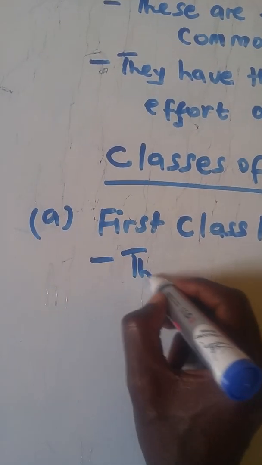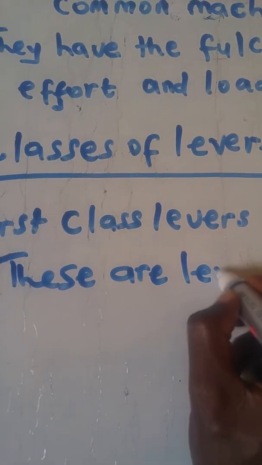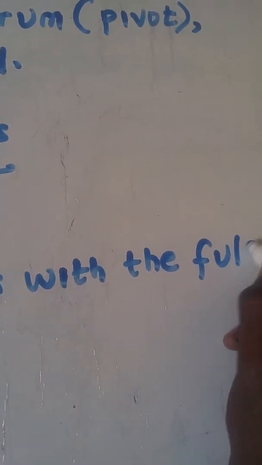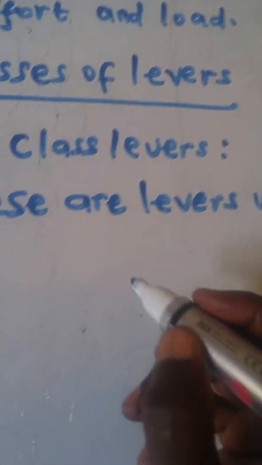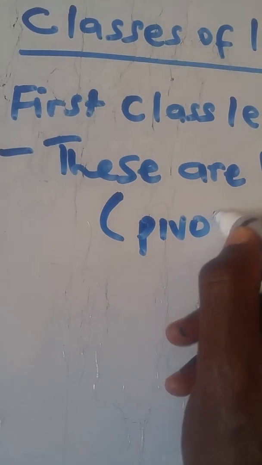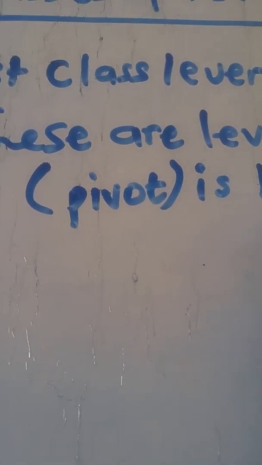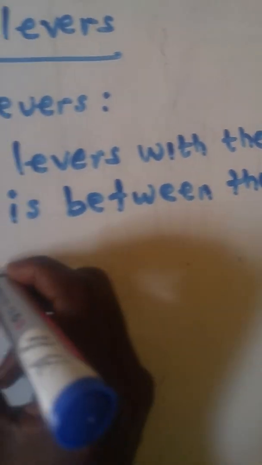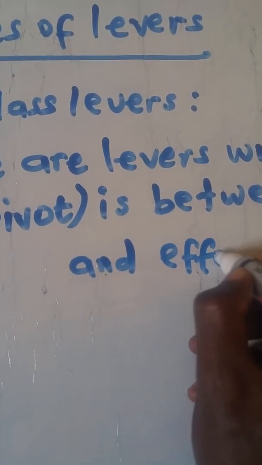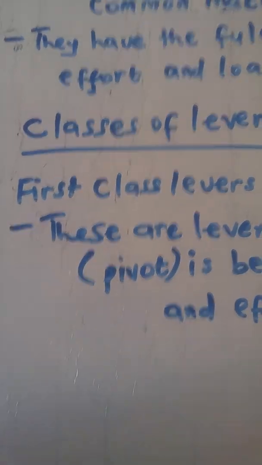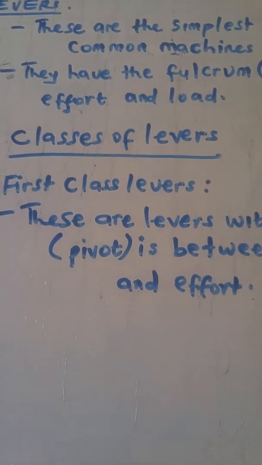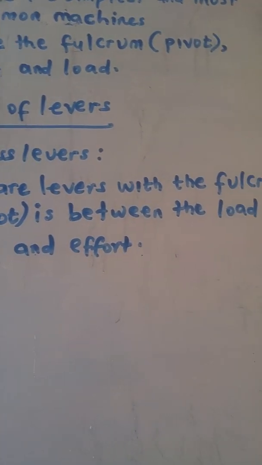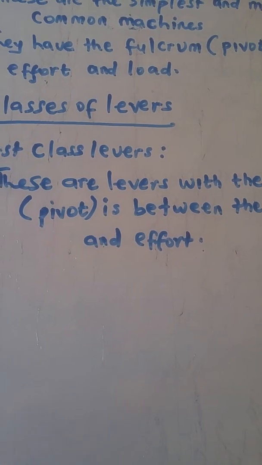So let us say these are levers with the fulcrum, sometimes we use the word pivot, is between the load and effort. Yes. So first class levers are levers with the fulcrum or pivot in between the load and effort.